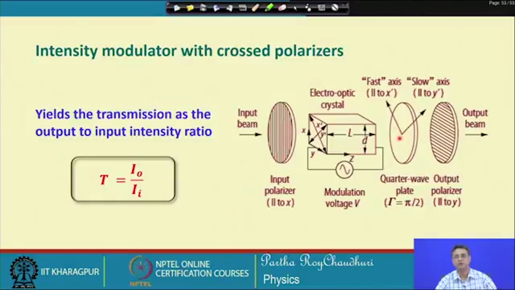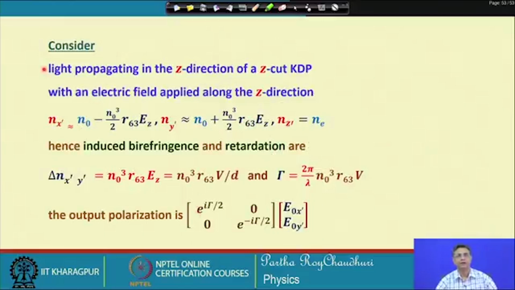This is what we call optical biasing, to shift the operating point to the zero position, to the linear region, and this also we will see. The transmittance can be represented by I 0 by I, that is, intensity output by intensity input. Okay. So, let us consider light propagating along the z axis in a z cut KDP crystal.